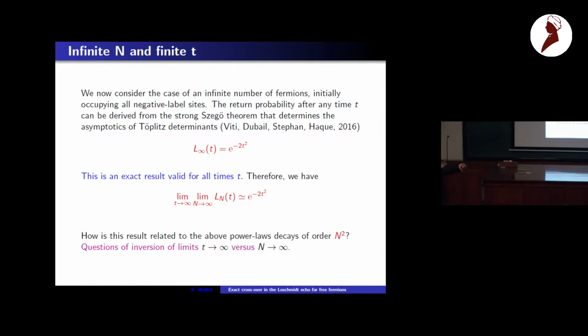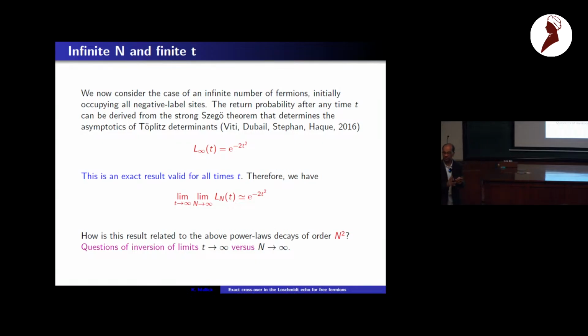And of course, this is first large n, and then large time, but this is true for any time. So this asymptotic in this sector is given by an exponential minus 2t squared. And this is the sector where the ratio n over t is infinite. Lambda is infinite. So by the way, as usual in stat mech, it's not the first time you see that the two limits do not commute.